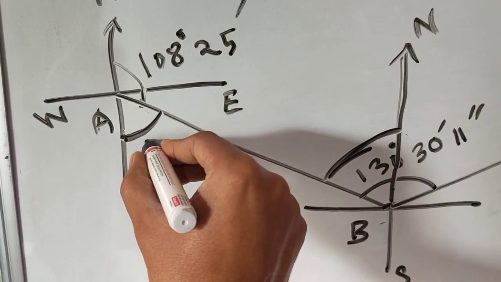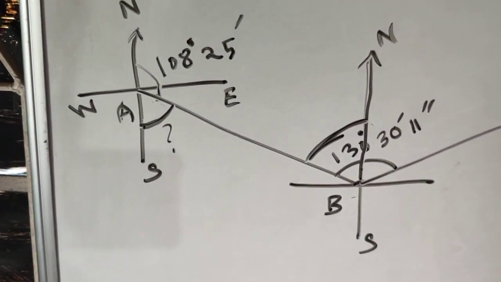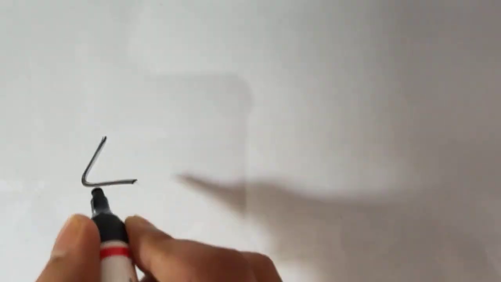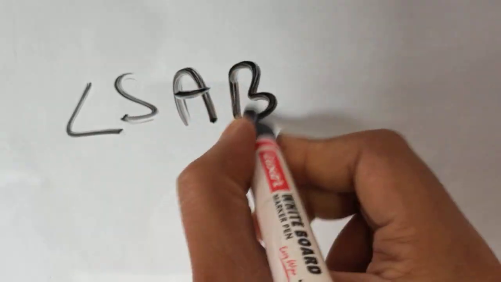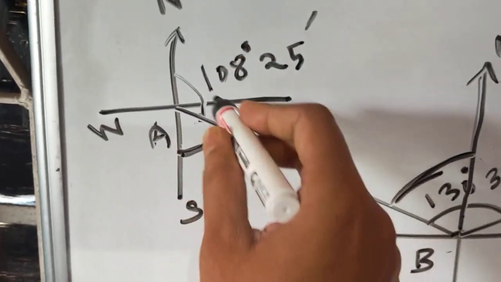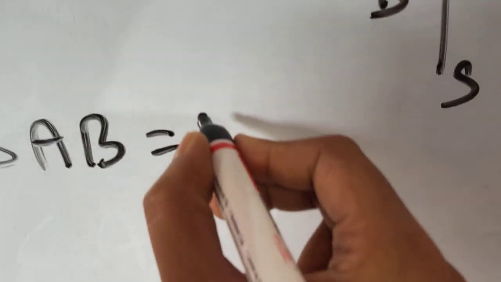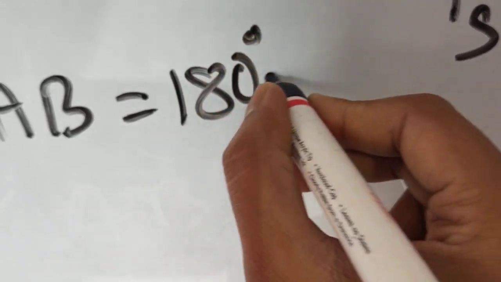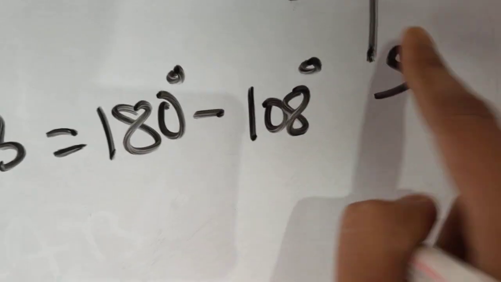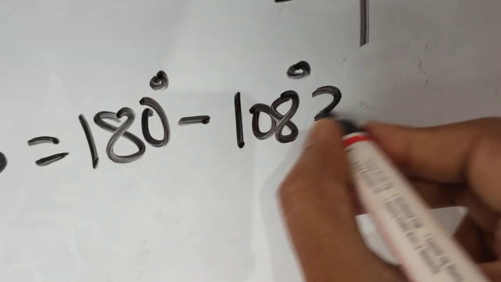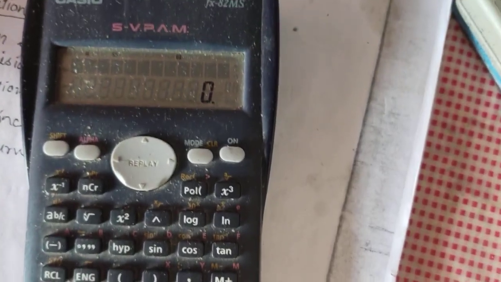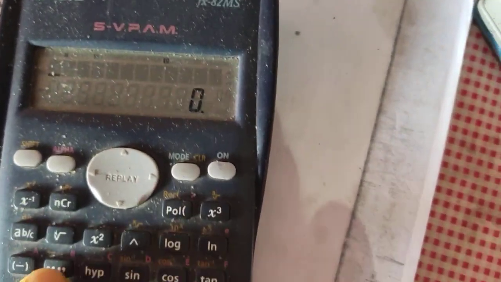So what is this angle? Can we find out angle SAB? Yes, we can. Angle SAB will be equal to, this whole angle is 180 degree and this one is 108 degree 25 minutes. So 180 degrees minus 108 degree 25 minutes. Okay, so I will show you how to calculate this in your calculator. This is the degree minute second button.